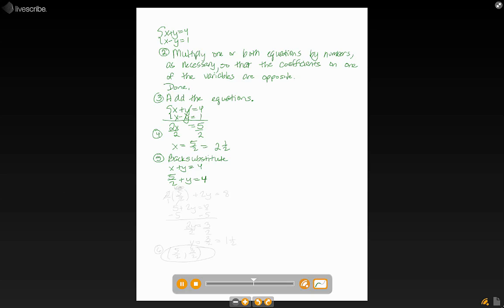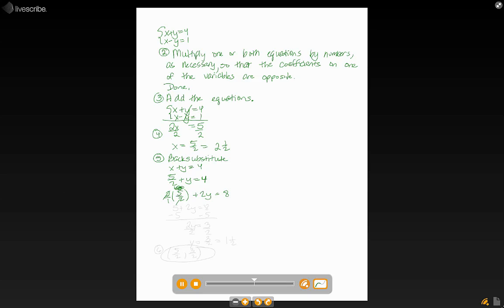All right, and then to solve for y, I'm going to multiply through by 2. I like that idea, sorry. That's a better idea than mine. 2 times 5 halves plus 2 times y equals 2 times 4, or 8. You'll notice that the 2 upstairs cancels with the 2 downstairs. Everybody okay with what I did there?